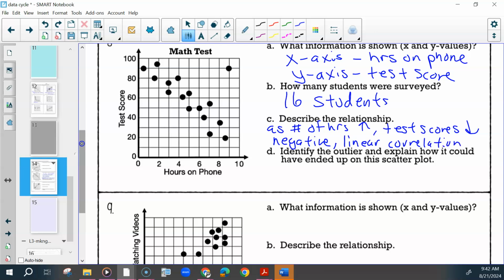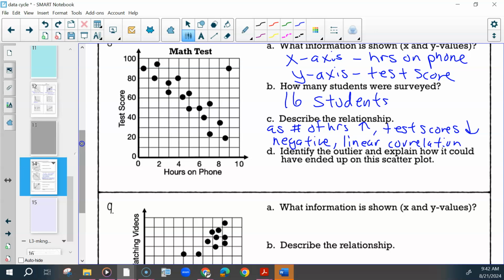As the number of hours go up or increase, the test scores go down or decrease. It's a negative linear correlation. The outlier is actually answering part D. So identify the outlier. We want to say what it is.